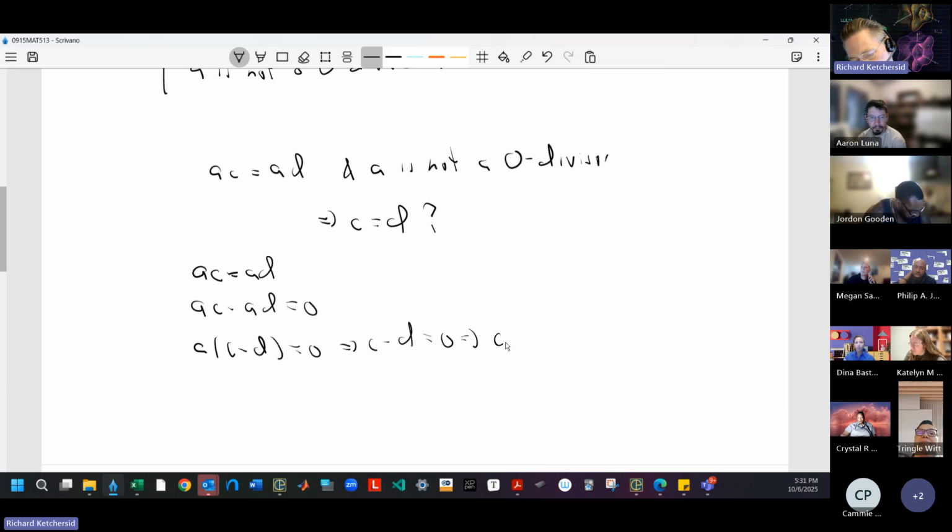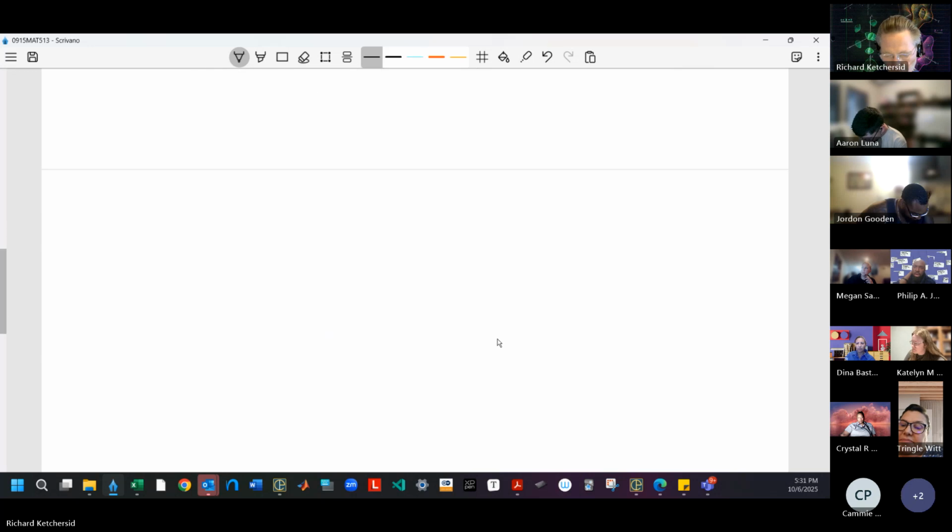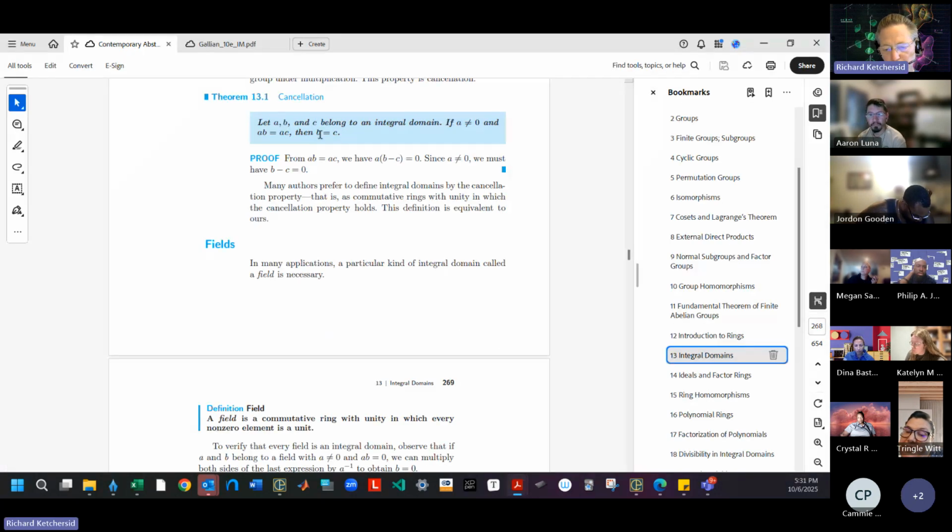As long as A is not a zero divisor, you're basically doing your normal math there. That's the thing to keep in mind, and it shouldn't be too unfamiliar because matrices had this same kind of problem.